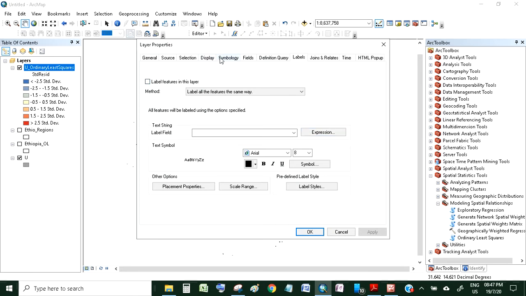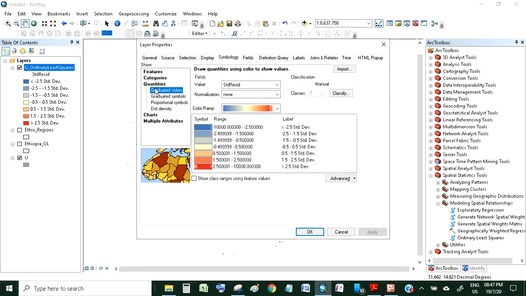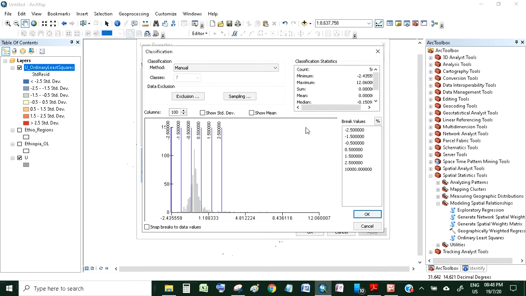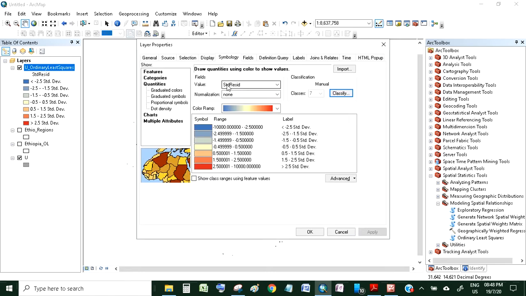Go to the symbology and then the classifier, and look at the standard deviation. I am using the standard residual here.